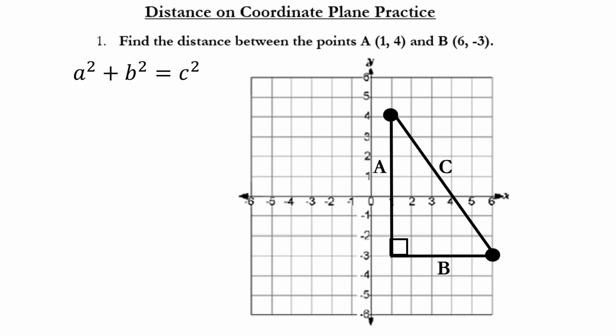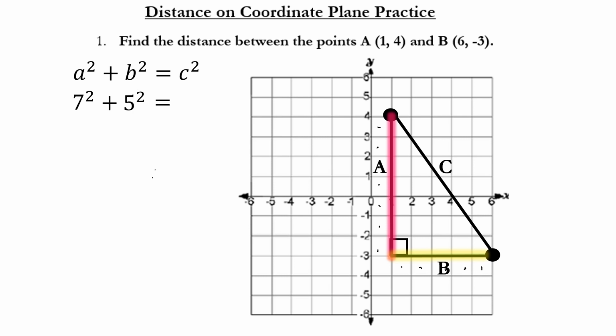To figure out the value of A, we have to count the side length of A. Well, A is 1, 2, 3, 4, 5, 6, 7 units in length. We'll add that to B. Well, B is 1, 2, 3, 4, 5 units in length.